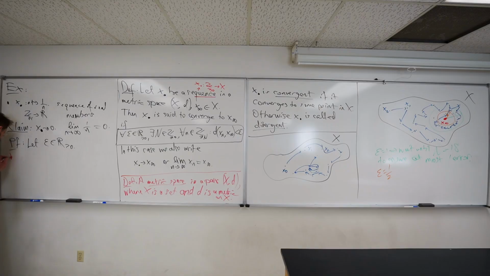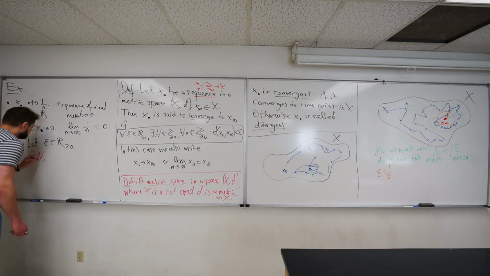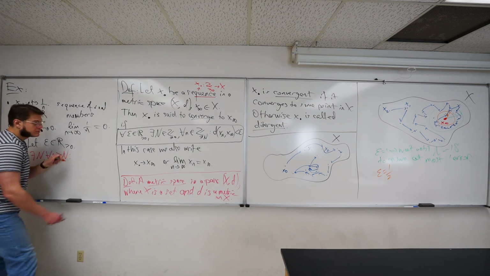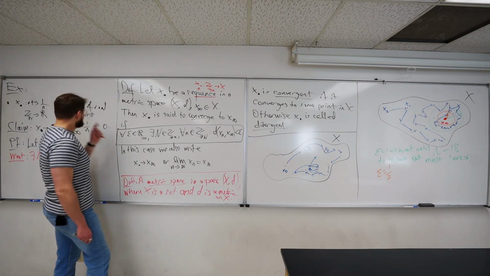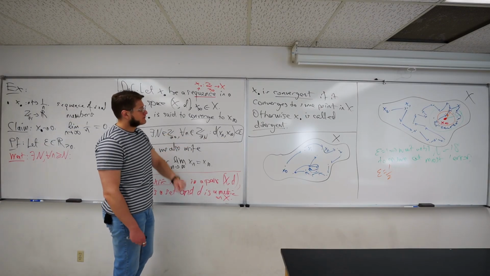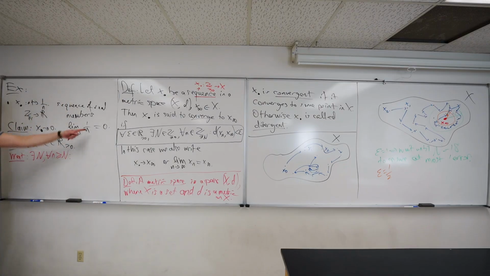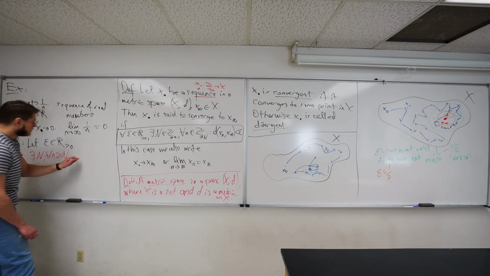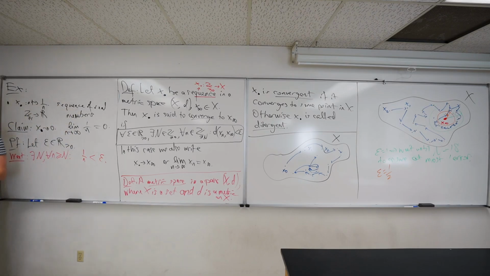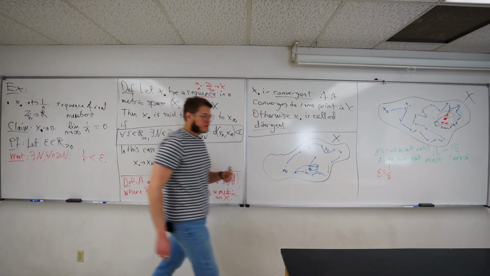Want there is an N such that for any lowercase n after uppercase N, just rewriting this in this context says x sub n minus x sub infinity in absolute value. But when you plug in the things, this just turns into 1 over n. And I want this to be less than epsilon. Okay? This is really what I want.